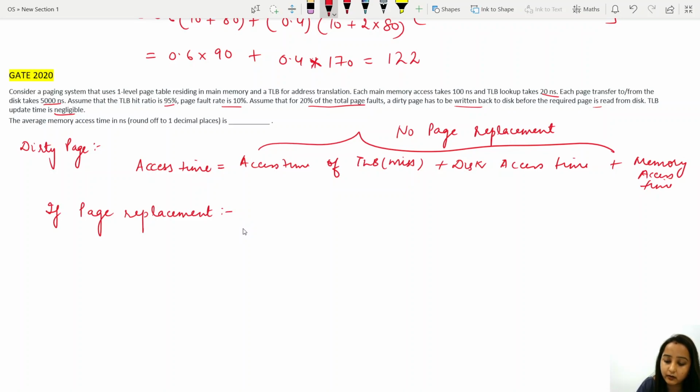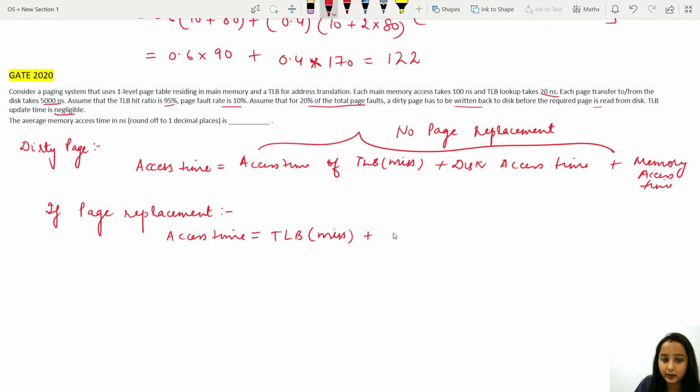Then what is the scenario? Then the access time will be equal to TLB miss. Under TLB miss, this scenario will be there, that is whether the page replacement will be there or not. Only in the case of TLB miss. But in a TLB hit, there is no such scenario for page replacement, because we already got the page in the TLB.